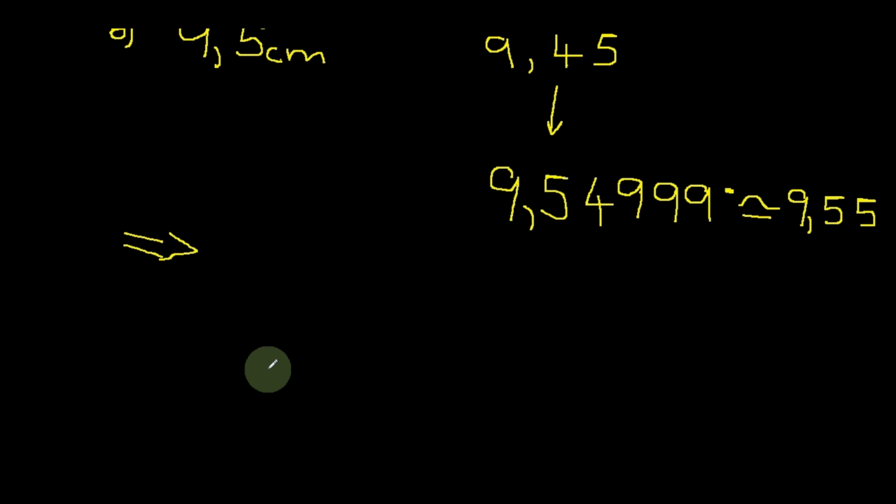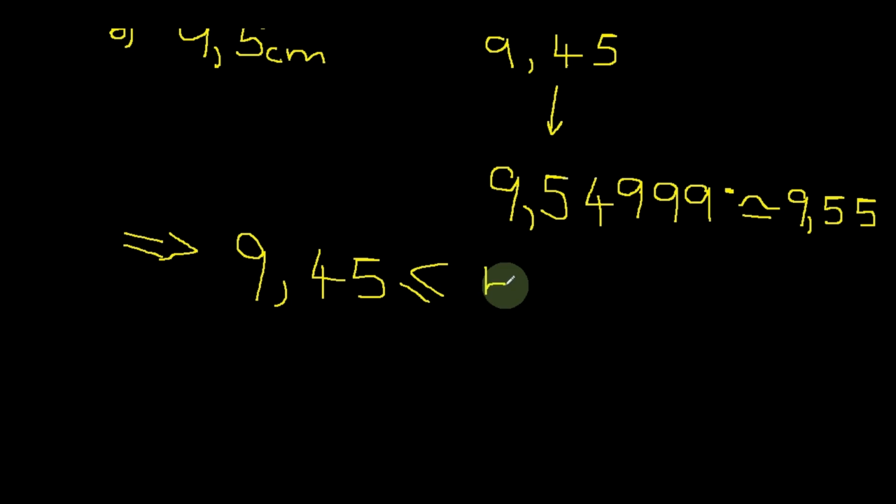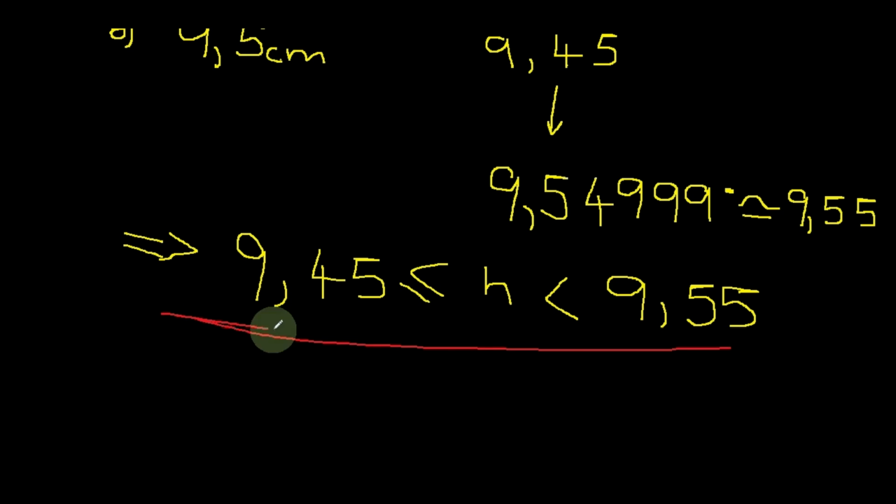So now our range will be 9,45 less than or equal to h, since it's included in the range of our h. But h will be less than 9,55. Since 9,55 is the highest possible value we can get, but we cannot get there. That's why we are putting the less than sign. Therefore, that is our range for the value of h.